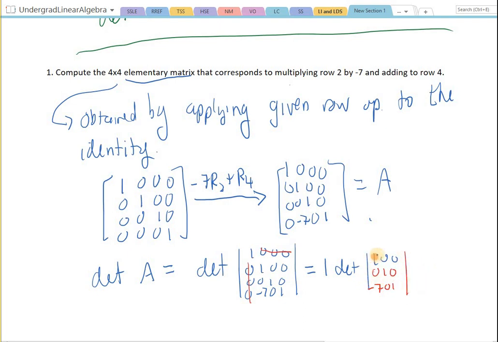Then I can go ahead and do another row expansion on this one. I've got a 1 here, so I get 1 times the determinant of the 2 by 2 formed by this one here, which is 1, 0, 0, 1. So that's it. The result is equal to 1.